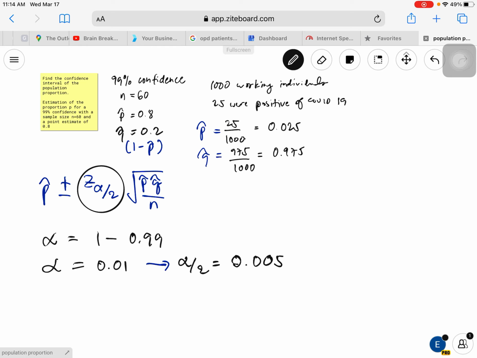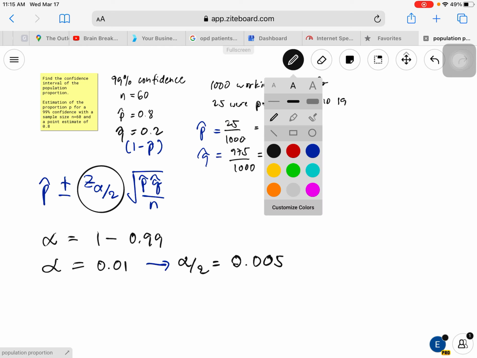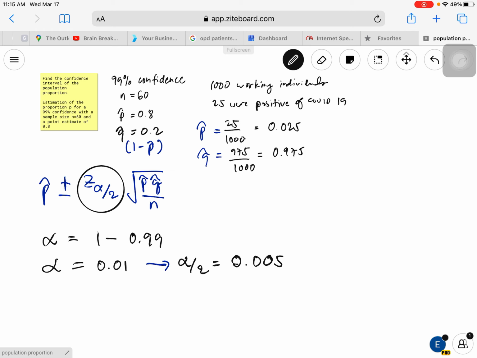Let me just illustrate quickly. In the normal distribution curve, it's going to look like this. Since this is alpha over 2, there are two values involved.